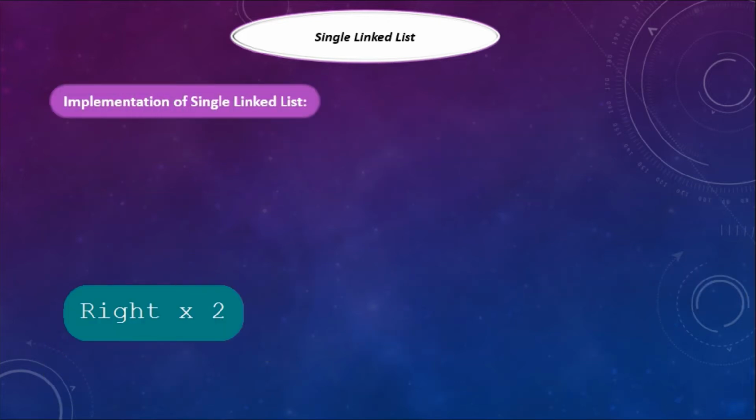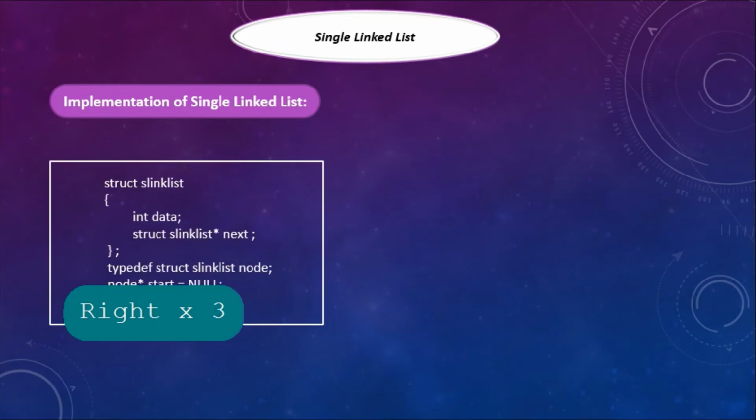So let us implement the linked list. Before writing code to build the above list, we need to create a start node, used to create and access the other nodes in the linked list. We use the following structure definition.